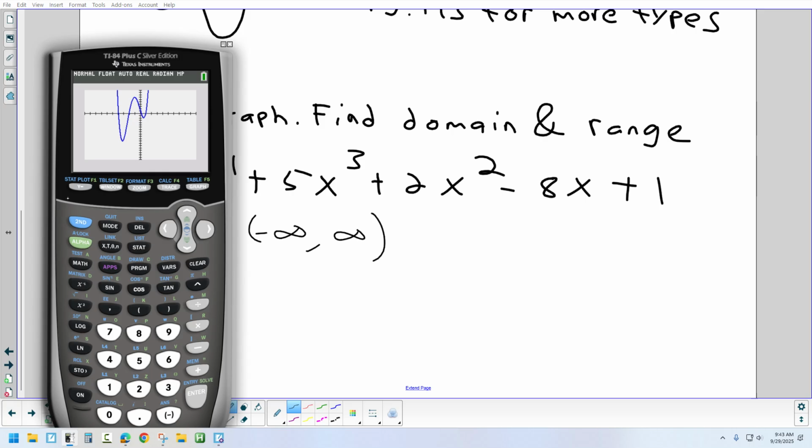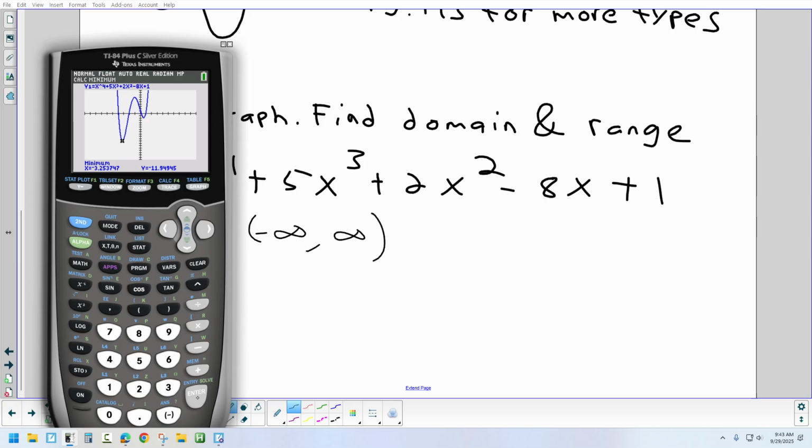Anyone remember what we can do on the calculator? Second calc. Yeah, which one in this case? Minimum, right? We're trying to find how low this parabola goes on the range. So pick a point to the left, to the right, and do your guess.